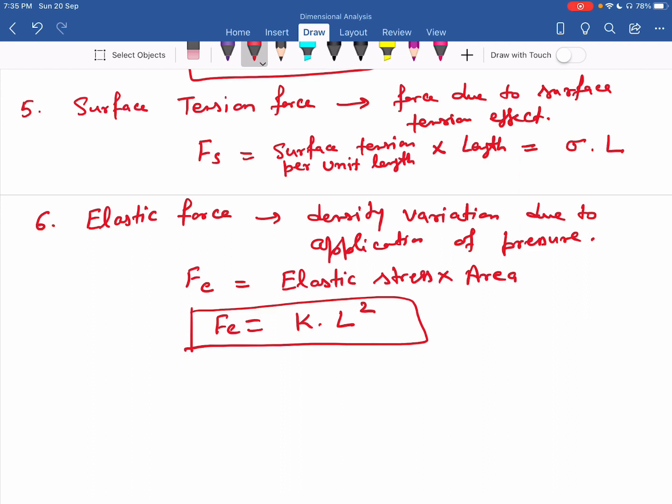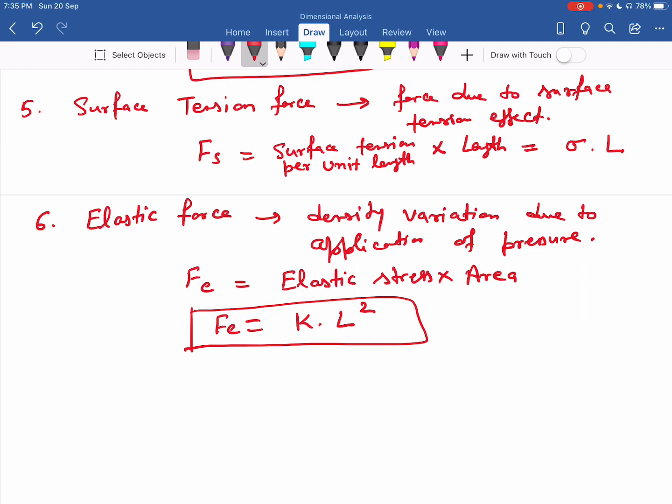Depending upon the situation, some forces out of these six are present. Also, some forces may have more influence on a phenomena than others, so some forces are dominating in a particular phenomena.